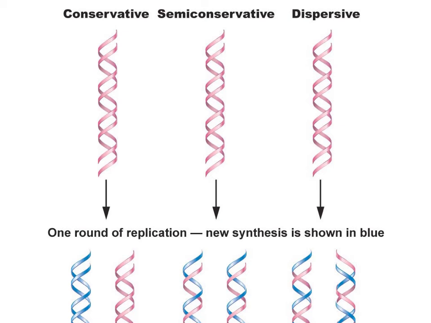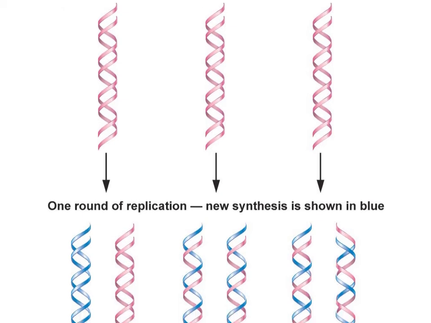So what we're looking at here is, say, the copy of chromosome number 1 that your mother gave you. It's double-stranded, and we need to make a copy of it so that the two cells that result from the mitotic division that's coming each end up with a copy of that chromosome that is identical to the one your mother gave you.